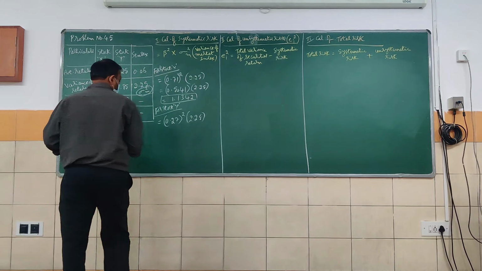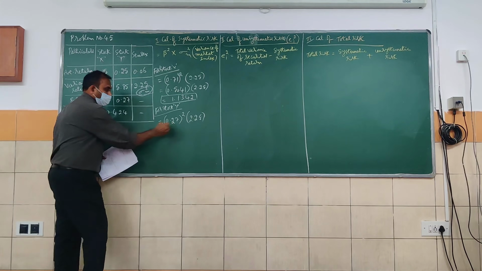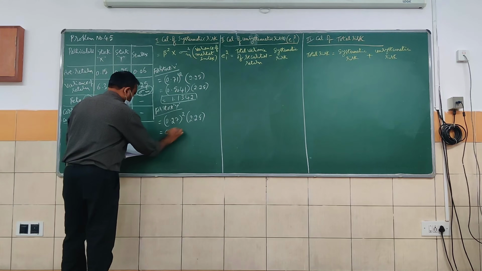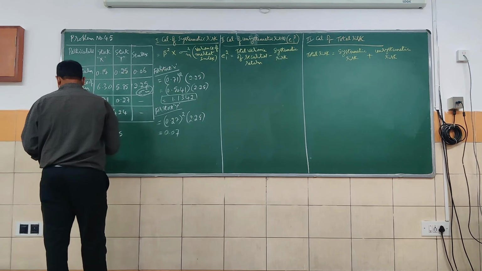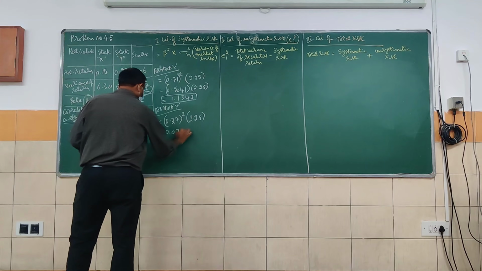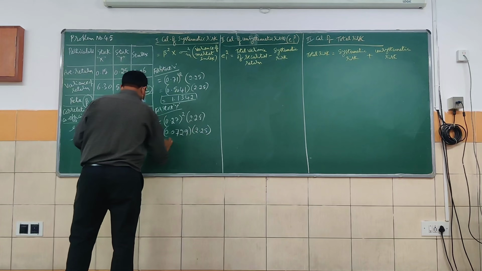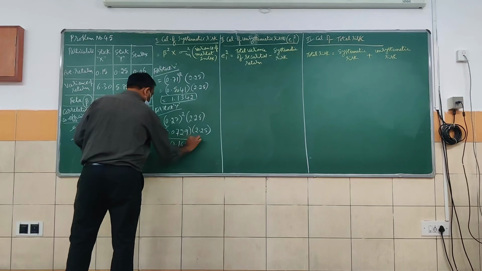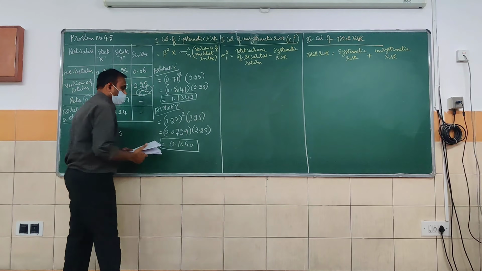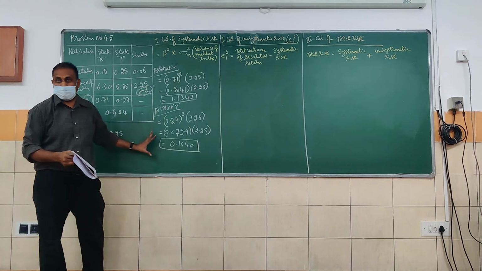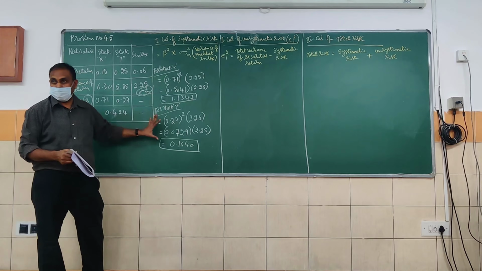So here first we have to square 0.27, which is 0.0729, into 2.25, giving 0.1640. This is the systematic risk for X and Y.